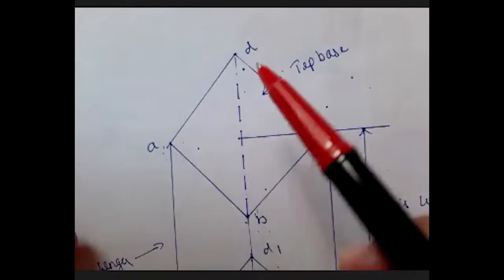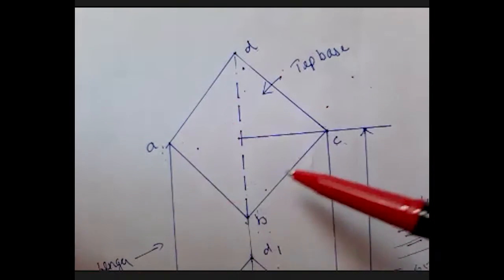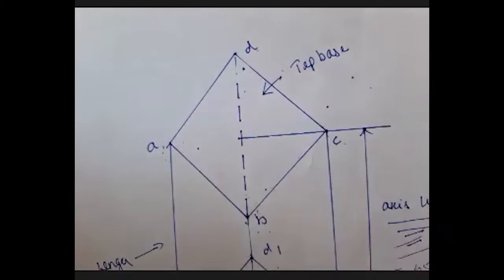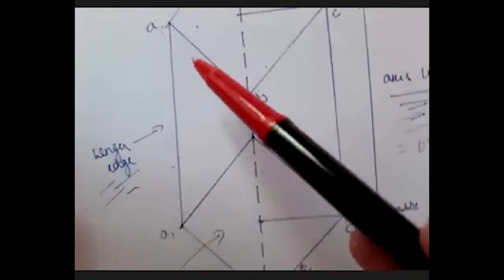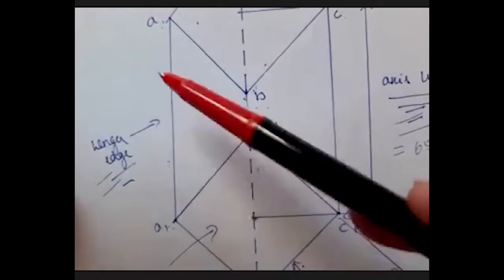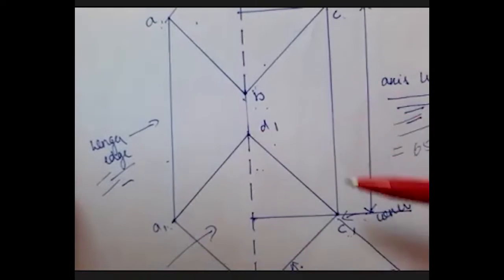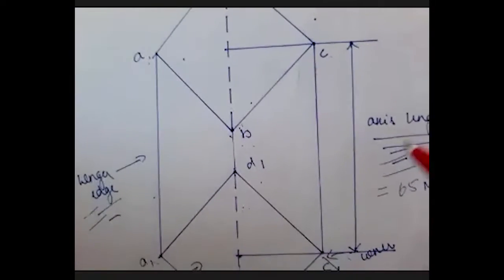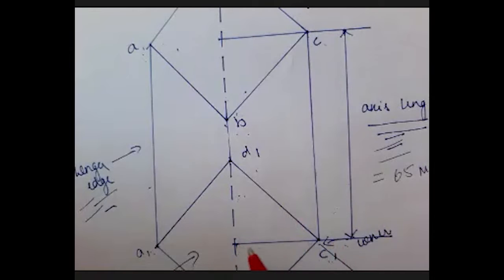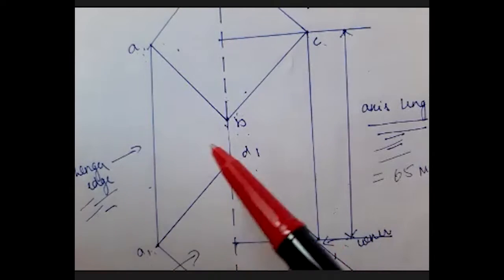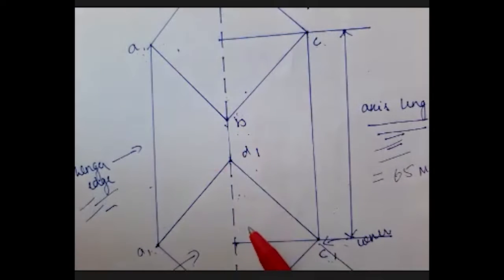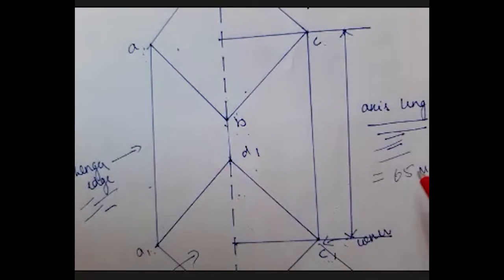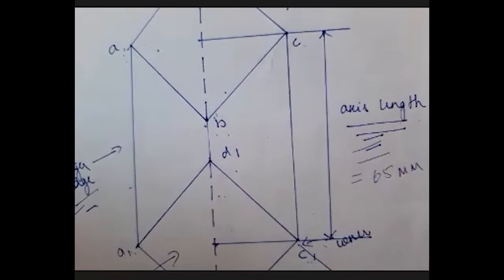Then I have the top base edges A to B, B to C, C to D, D to A. Then I have longer edges which run from the top base to the bottom base: A, A1, B, B1, C, C1 as well as D, D1. I also have an imaginary line which runs from the midpoint of the top base to the midpoint of the bottom base. That imaginary line we call the axis. The length of that axis we call the axis length.